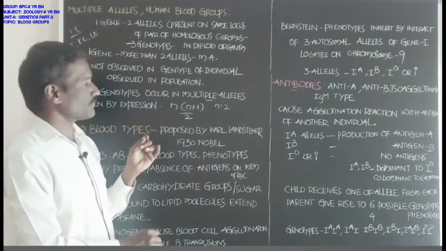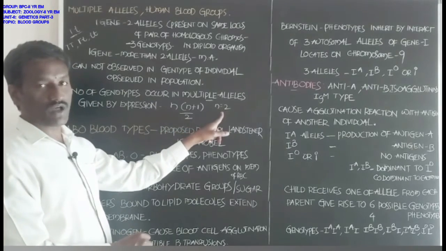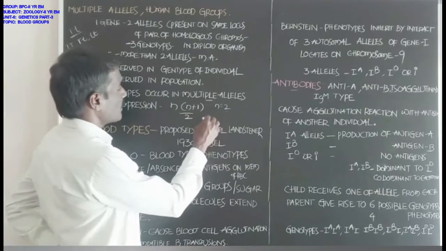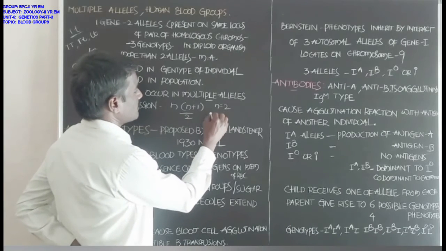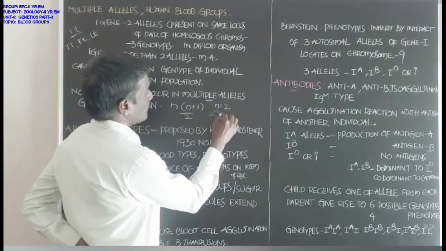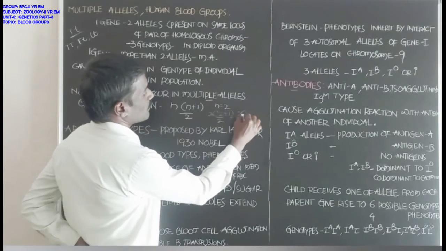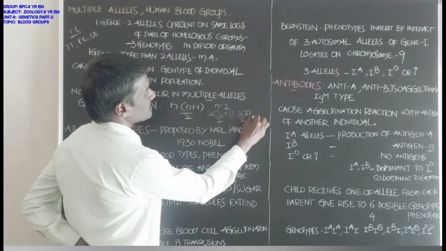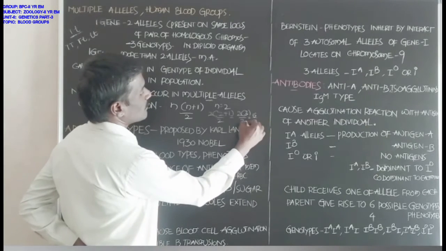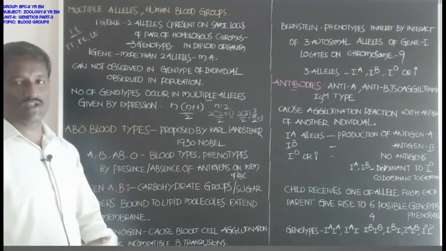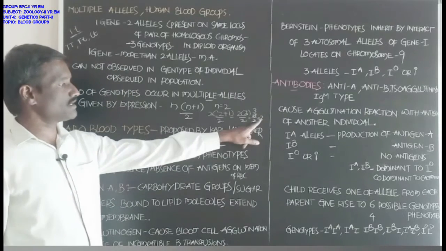It is written as 2 into 2 plus 1 by 2, that is 2 into 3 by 2, 6 by 2. Students, the answer is 3. The genotypes are 3 in number.